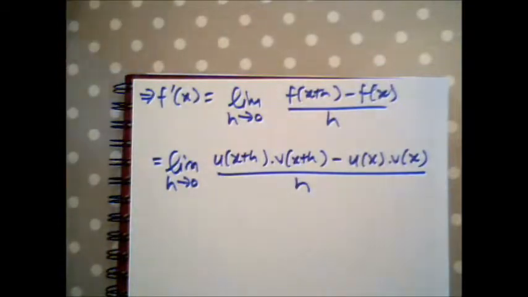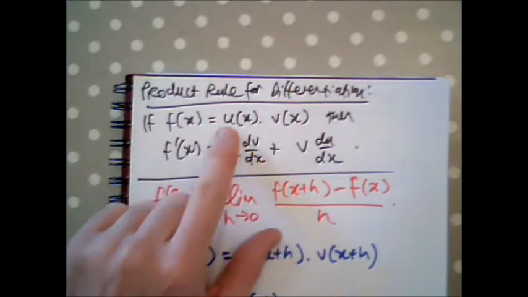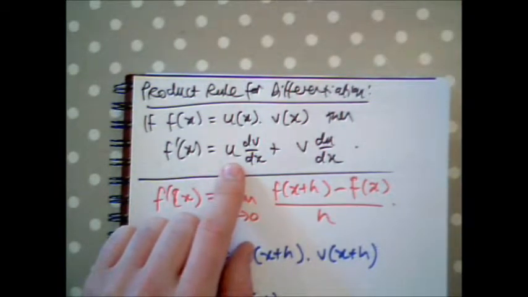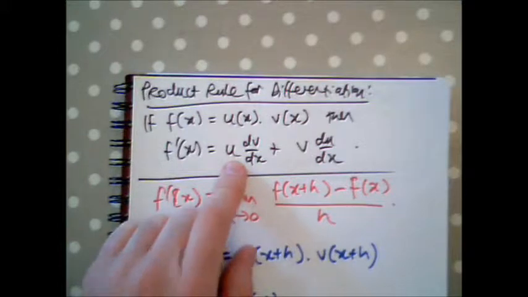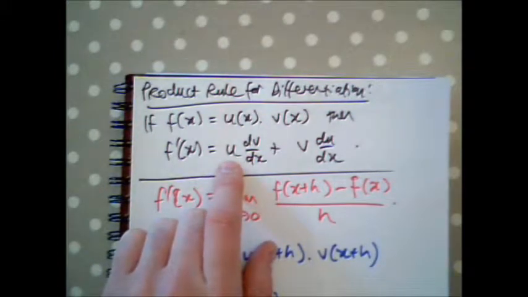Just while I think of it, a little comment there, it's worth mentioning. u bracket x and u are the same thing. I should have mentioned this at the start. This is saying u is a function of x, so u depends on what x is. If you give me a different value for x, I'll sub that into u and I'll get different answers. So I've written u of x here, and I've just left out the bracket x here.